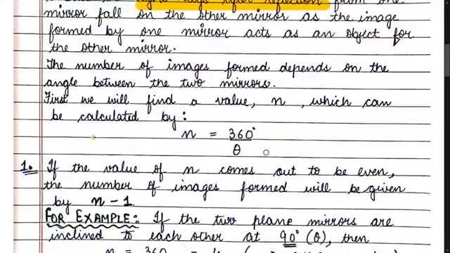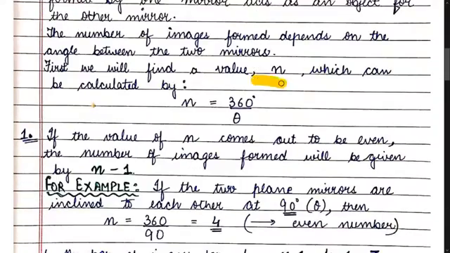First, we will find a value of a factor n. Now, students, this is the process how to find the number of images. Firstly, we will calculate the value of n, which can be calculated by finding the ratio of 360 degree divided by the angle of inclination between the two plane mirrors, which we will take as theta.